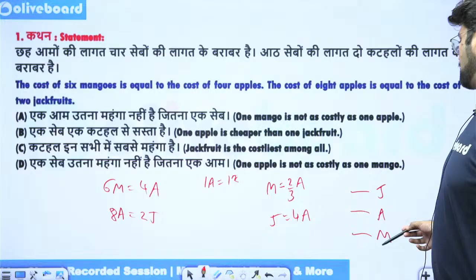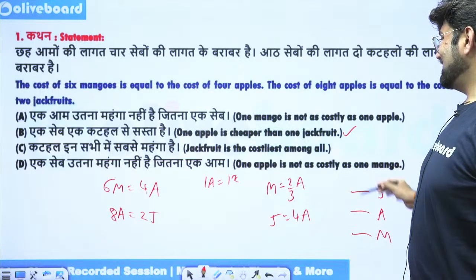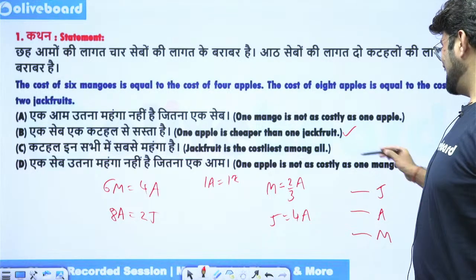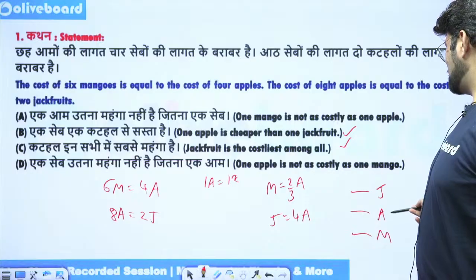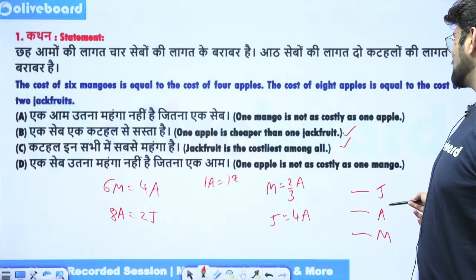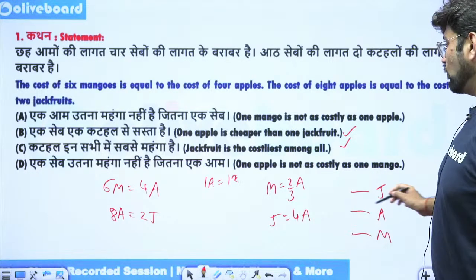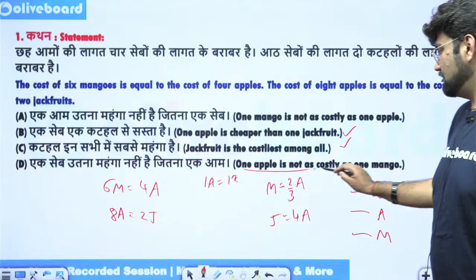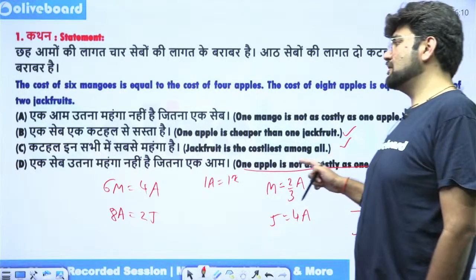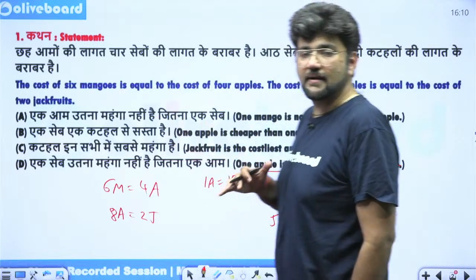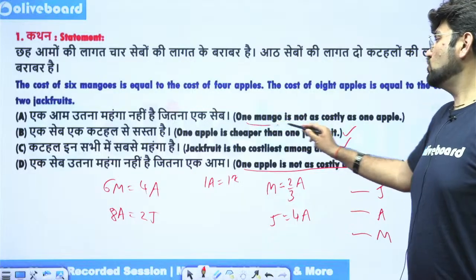Now one apple is cheaper than one jackfruit. Yes. Jackfruit is the costliest among all. Yes. One apple is not as costly as one mango. One mango is not as costly as one apple. Now what does this mean? This statement means that the apple is cheaper than the mango. And this means that the mango is cheaper than the apple.